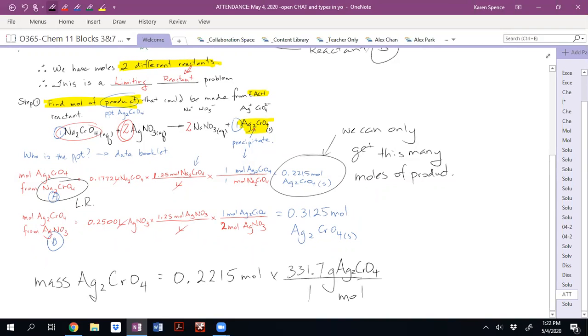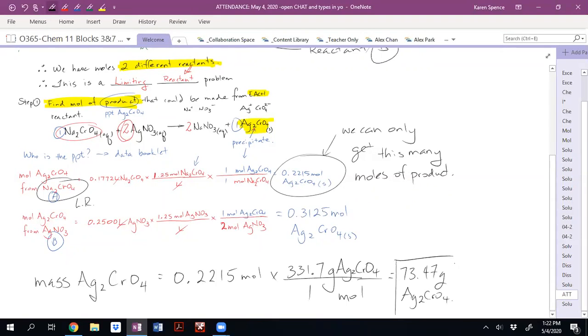And now I need to pull out my calculator, and we get 0.2215 times 331.7, and we get 73.47 grams of silver chromate. Okie dokie. And that's it.